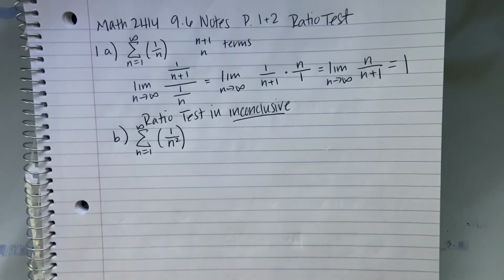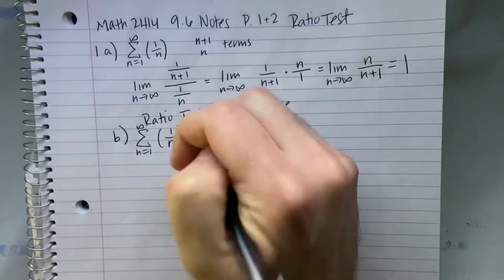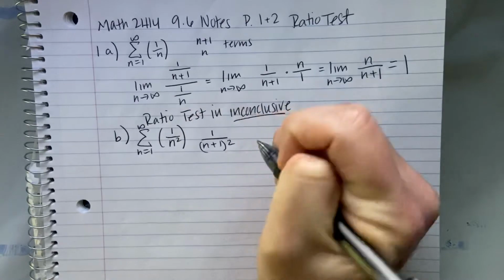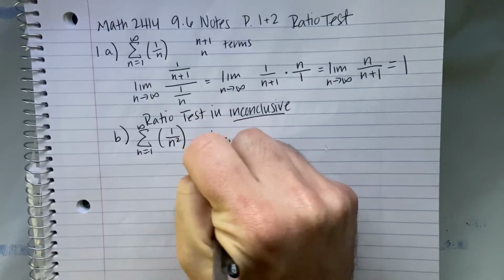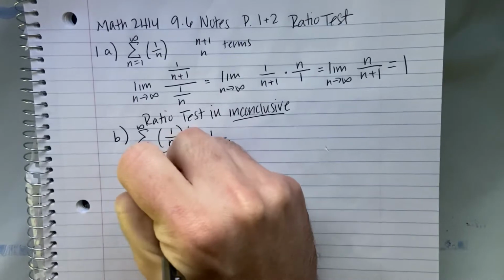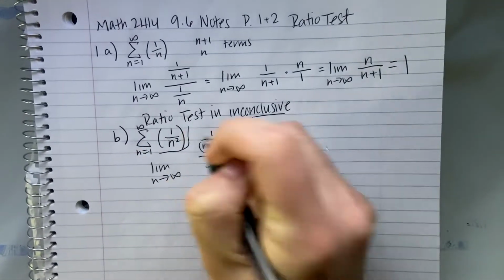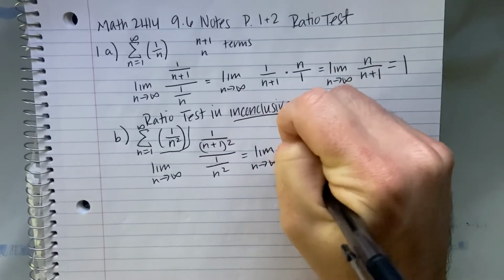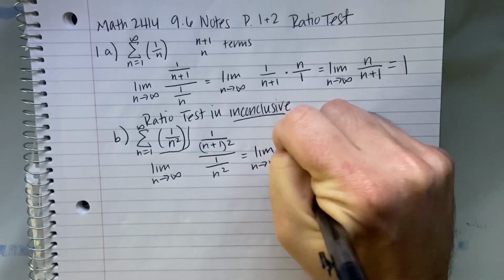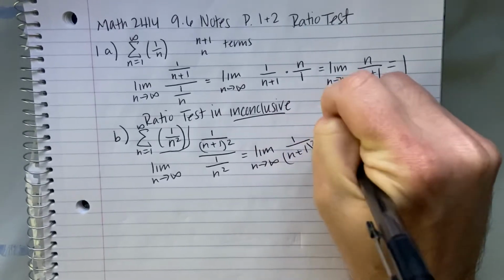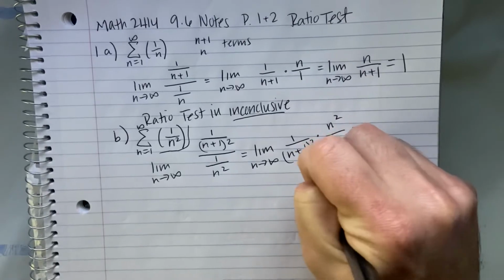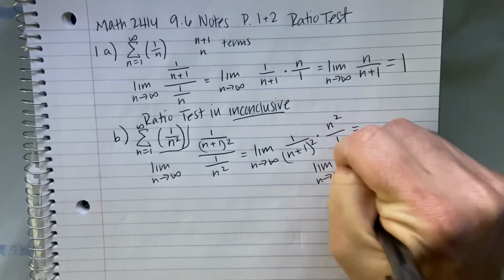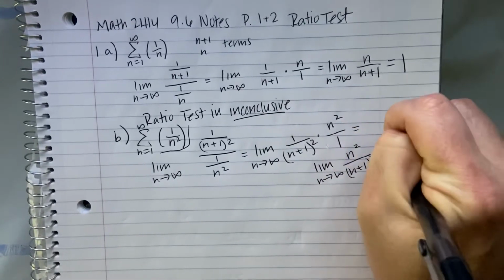Okay, so same strategy. We need to look at the n plus 1 term and the n term. So 1 over n plus 1 squared over 1 over n squared, and we're taking the limit as n goes to infinity of this thing, which is the limit of 1 over n plus 1 squared times n squared over 1, which is the limit as n goes to infinity of n squared over n plus 1 squared, which is still 1.